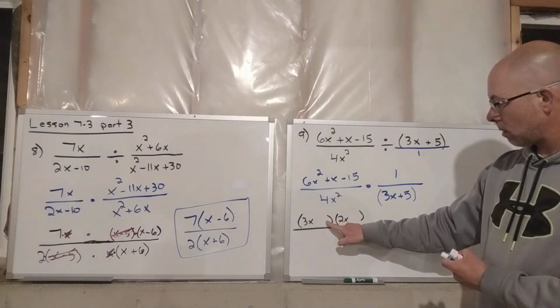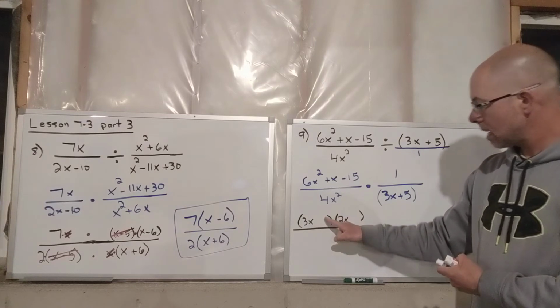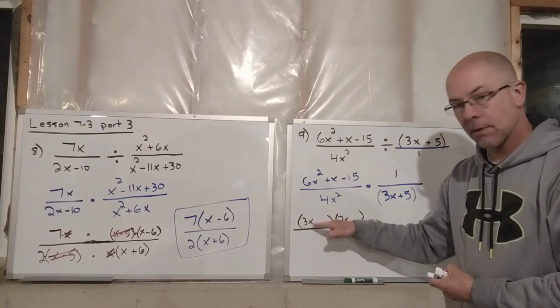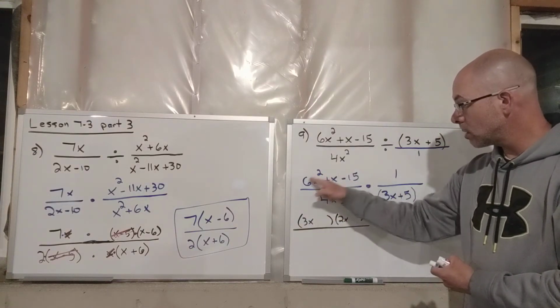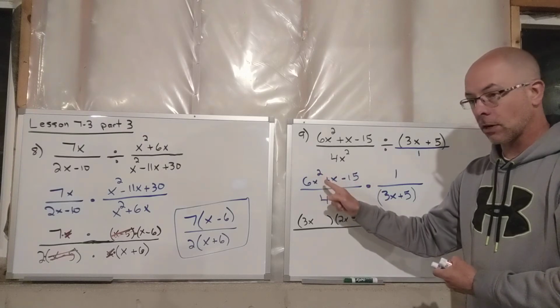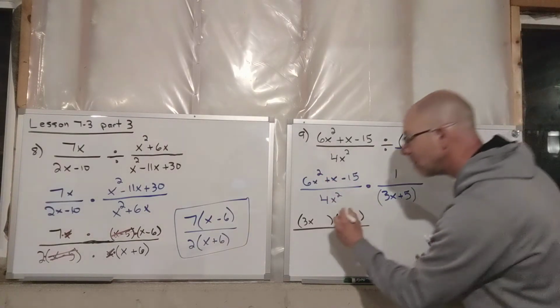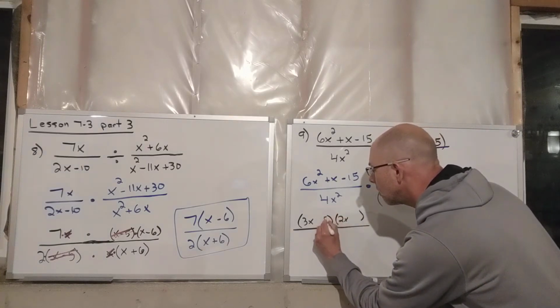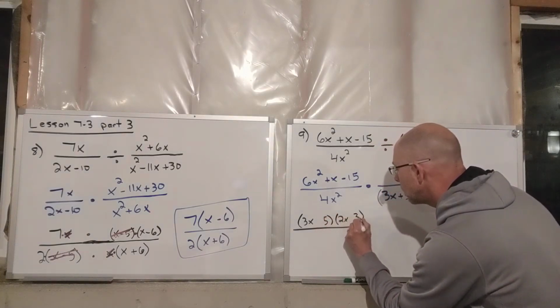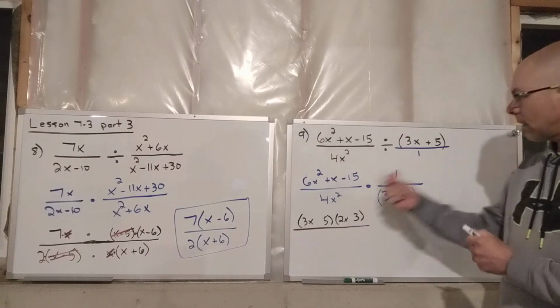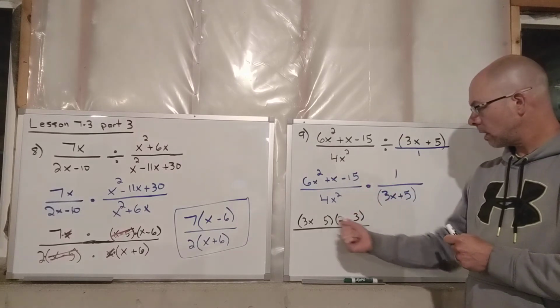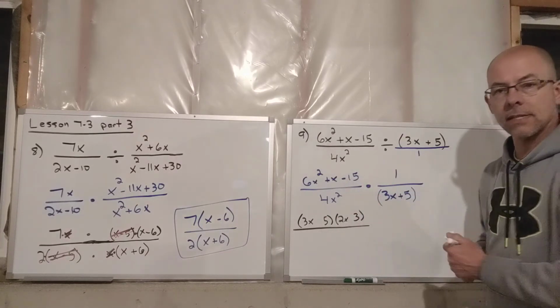The 3 can't go here, because if it was 3 and 3, this would have a greatest common factor in it. The original doesn't have a greatest common factor. So the 3 can't go there. If this is going to work, this has to be 5, and this has to be 3. And then, that's negative 15, so one of these has to be negative and one has to be positive.